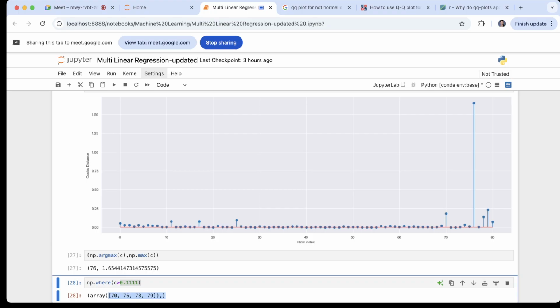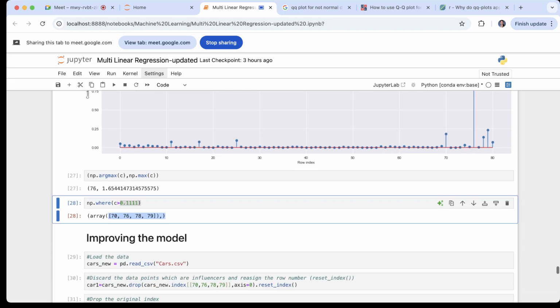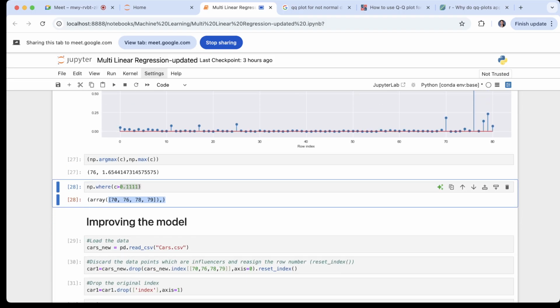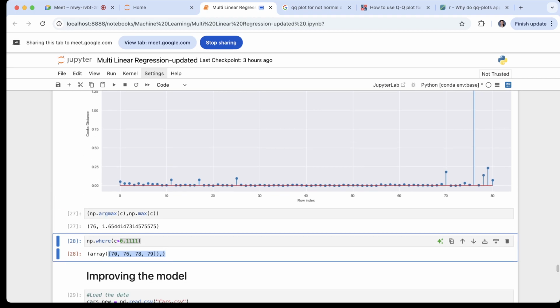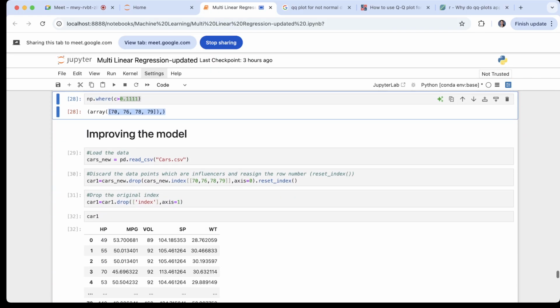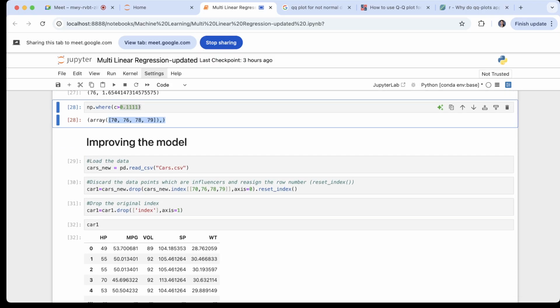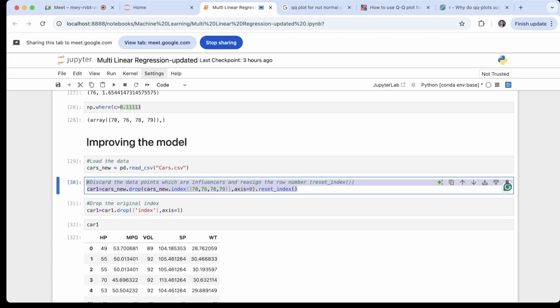All these values have high distance, so they have high error. So these are the outliers. This is how we will remove the outliers. Here we will be dropping those indexes. These rows are the outliers that we will remove.